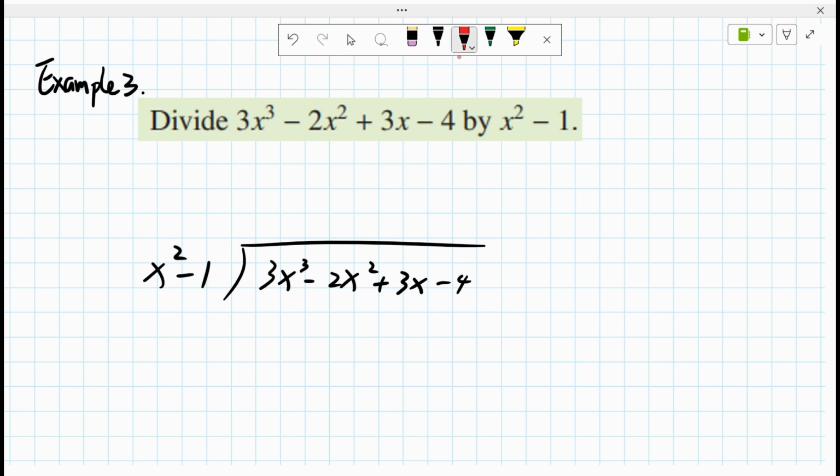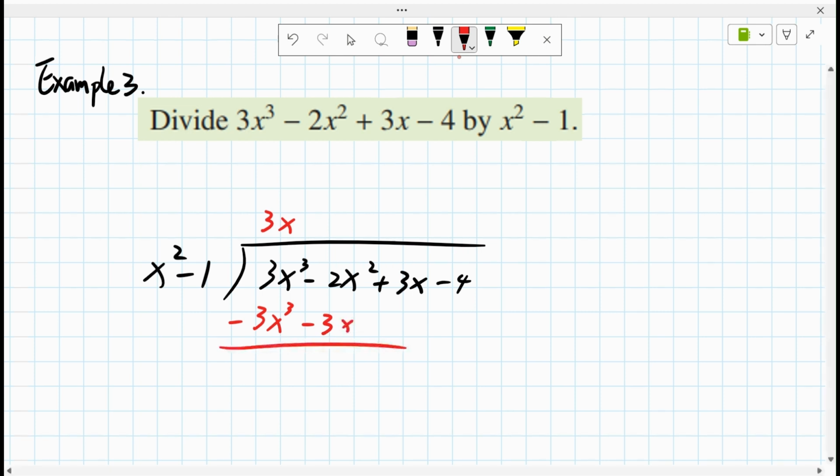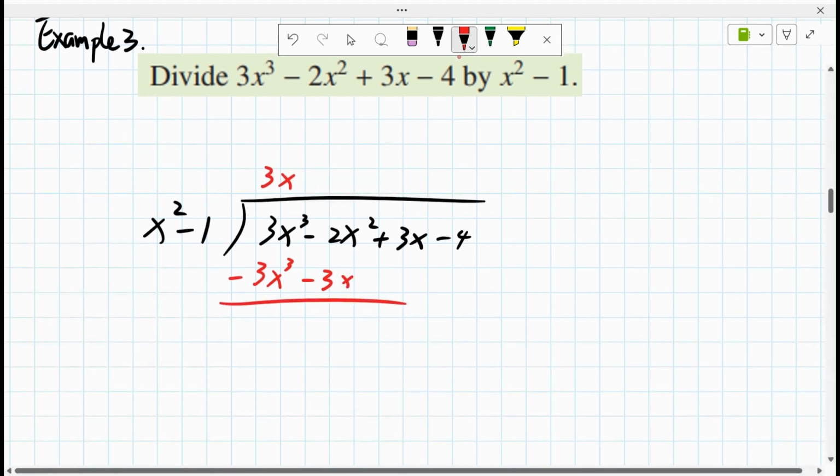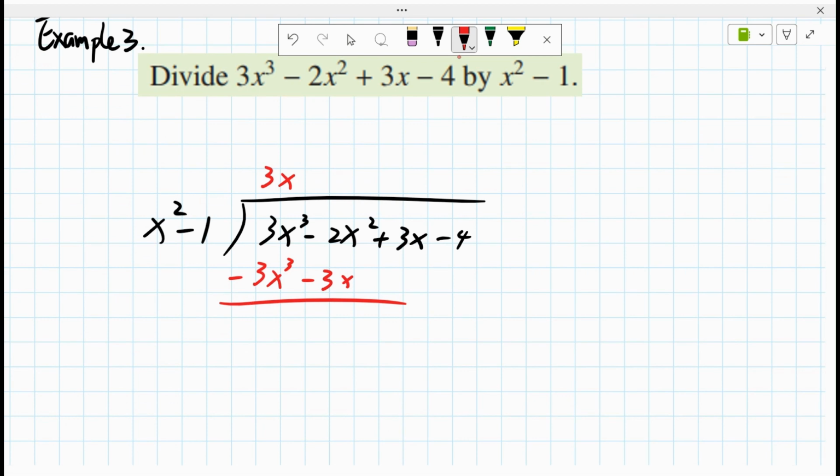So we could do 3x, and 3x times x squared equals 3x cubed, minus 3x. And because there's no x squared in between, we can bring that one down to the bottom straight away.